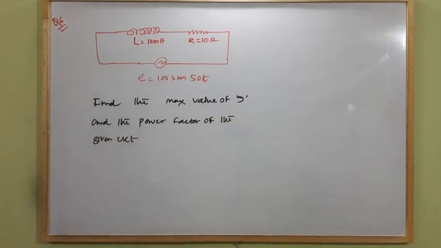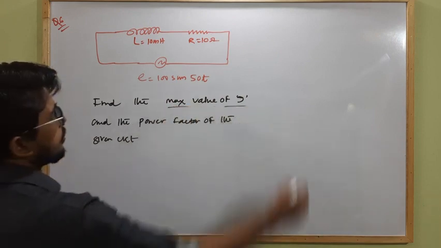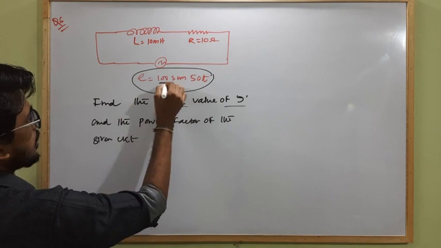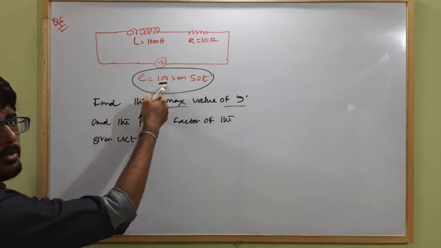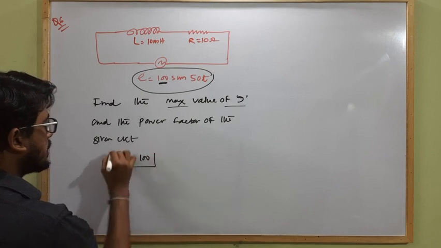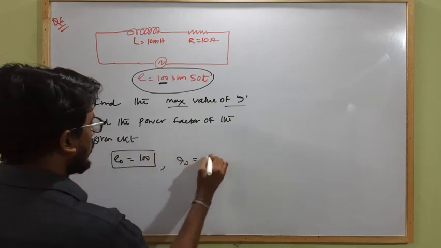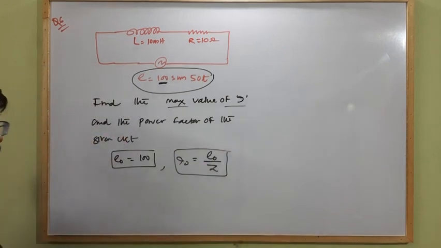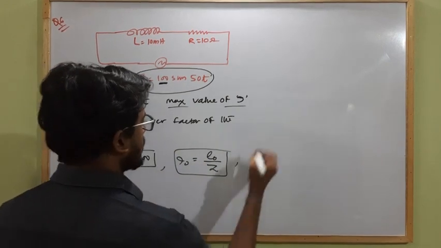How to calculate the maximum value of I? From this given equation of the EMF, we know this value represents the maximum value of EMF. So here E naught equal to 100. I naught will be equal to E naught divided by Z. This is clear. So what is Z for this given circuit?